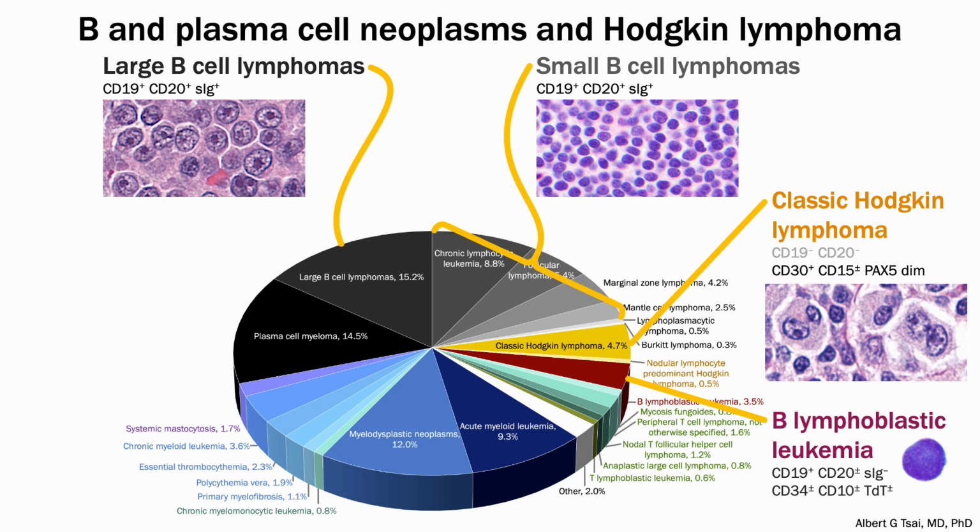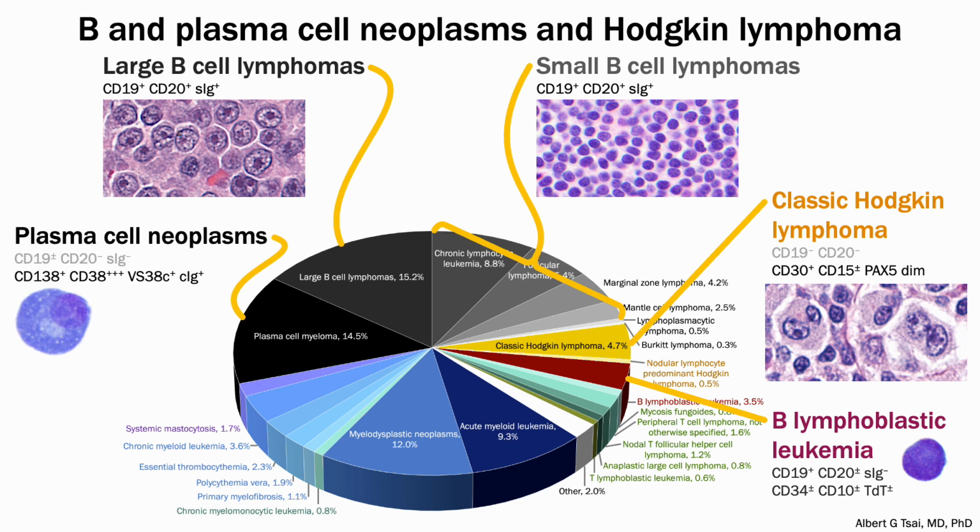The last group that I'll cover are the plasma cell neoplasms, which are generally pretty distinct from the other B-cell neoplasms, and they're typically found in the bone marrow. Morphologically, plasma cells tend to have a very round eccentric nucleus with basophilic cytoplasm and a perinuclear hof or Golgi zone, which packages and secretes antibodies.